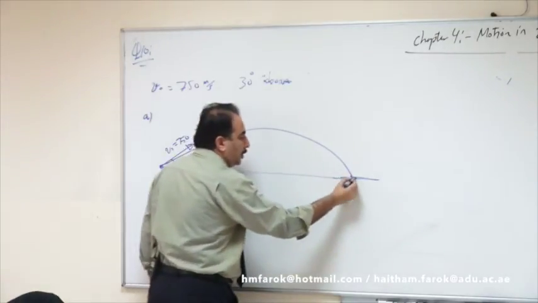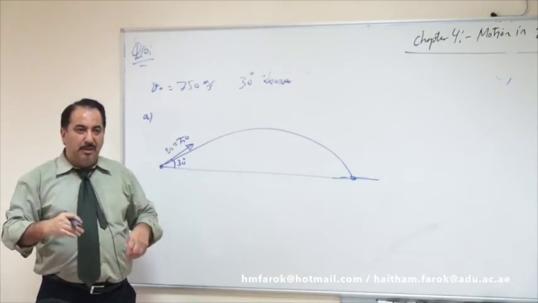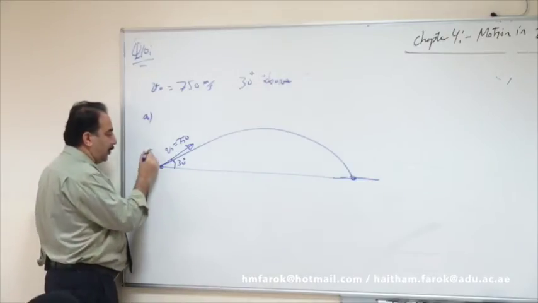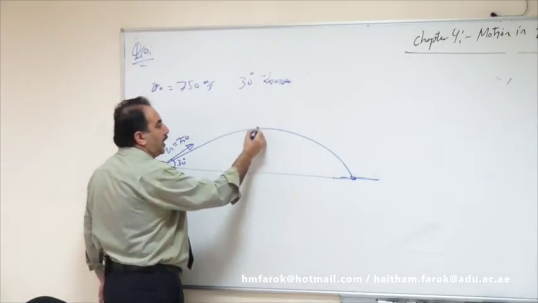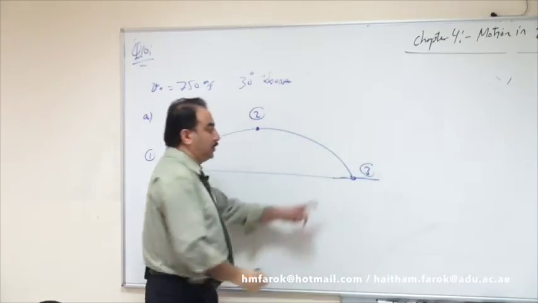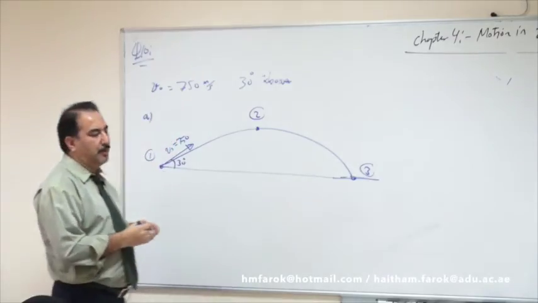Start, end. Now, it's symmetric. When it comes to numbering, at least put 3. Start, number 1. When it's at maximum, number 2. When it hits the ground. Of course, you could add more, 3, 4, between. These are the 3 main ones.